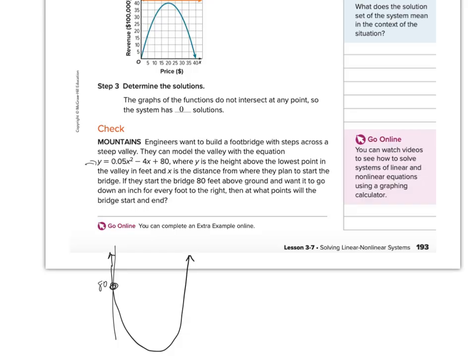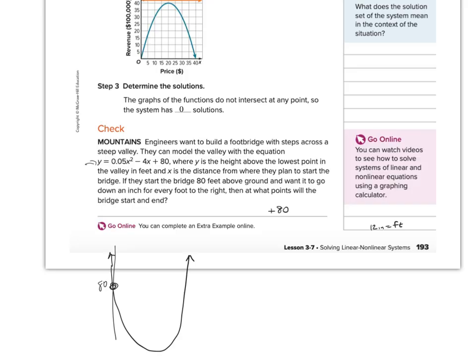Then at what points will the bridge start and end? Okay, so they're starting at 80 feet, which would be my y-intercept, and they want to go down an inch for every foot to the right. So there are 12 inches in a foot.